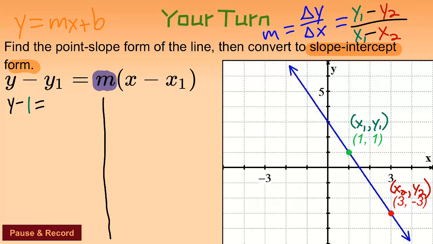First things first, I'm going to put in a slope triangle right there. Those 2 points are helpful. My delta y, as I go from left to right, is down 3. So that's going to be a delta y of -3, and my delta x is to the right 2. So my delta x is 2. So my slope is negative 3 over 2.